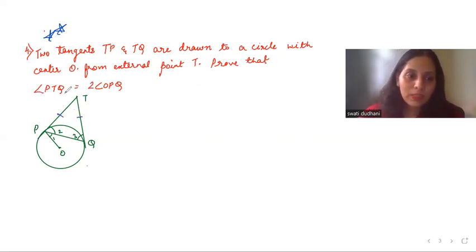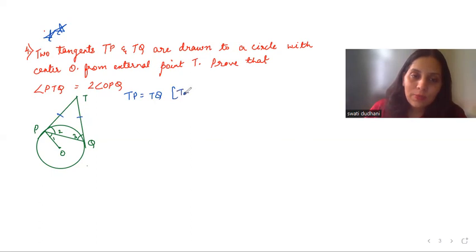Prove that angle PTQ is equal to 2 angle OPQ. Let us start. We know that TP is equal to TQ, same reason: tangents drawn from an external point are equal.